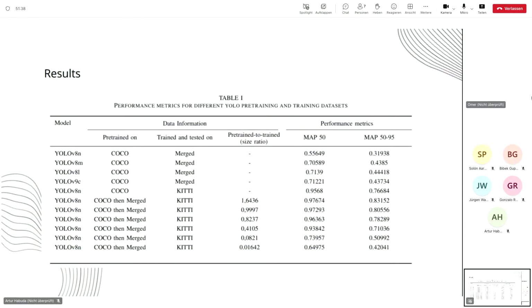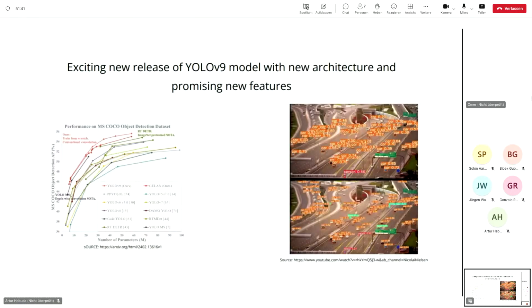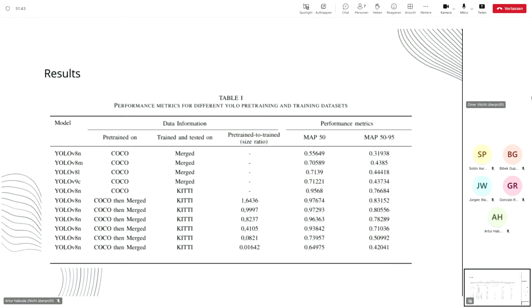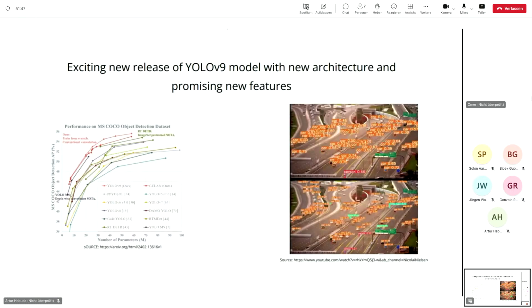In the second part, we also tried to explore a new model called YOLO V9, which is, I would say, more advanced and has more model parameters.